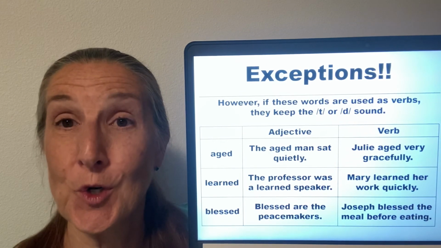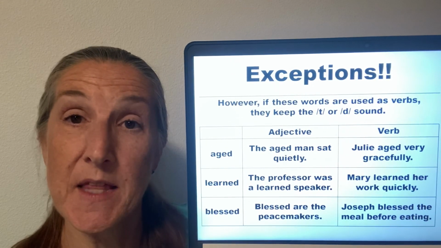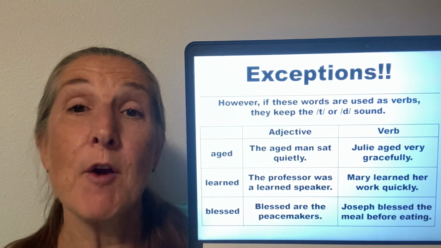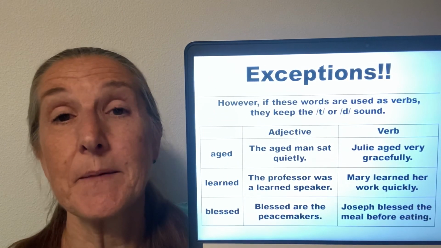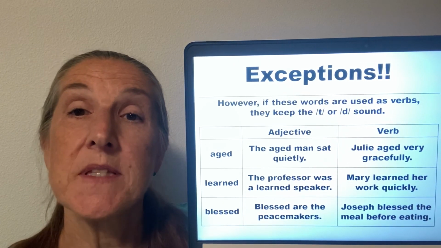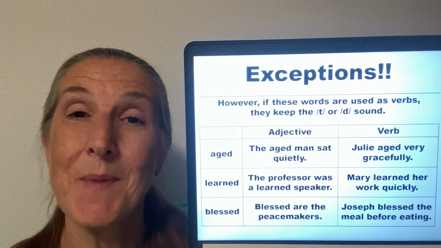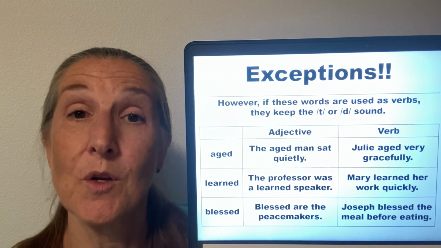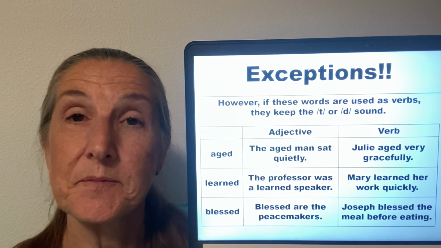Learned, if it's an adjective, we say the professor was a learned speaker. But Mary learned her work quickly. And blessed, we would say blessed are the peacemakers. But we would say that Joseph blessed the meal before eating.